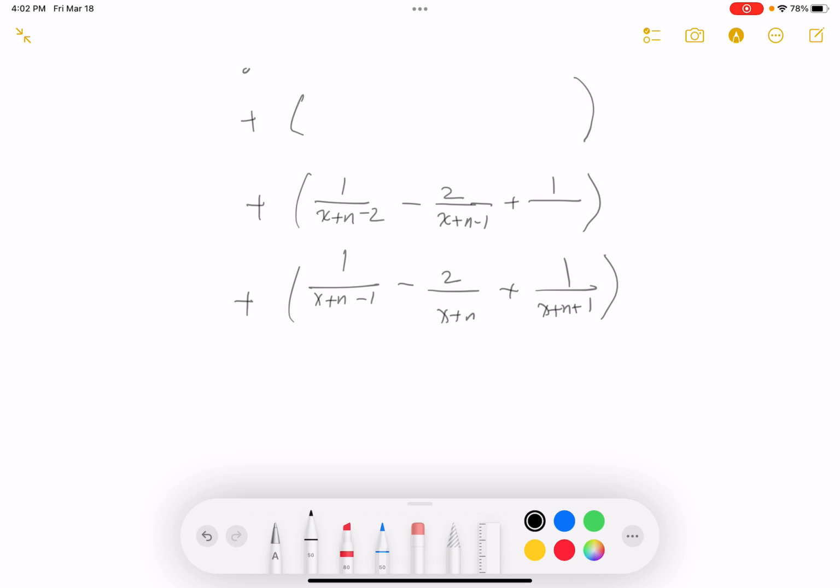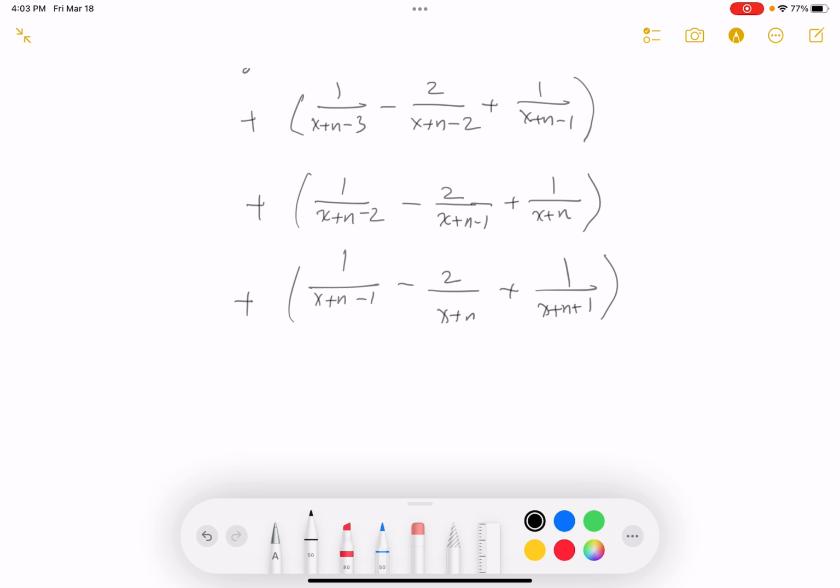Plus, and I'm going back one, right? So x plus n. All right, keep going. x plus n minus 3, minus 2, x plus n minus 2. I'm going backwards, right? 1 over x plus n minus 1.